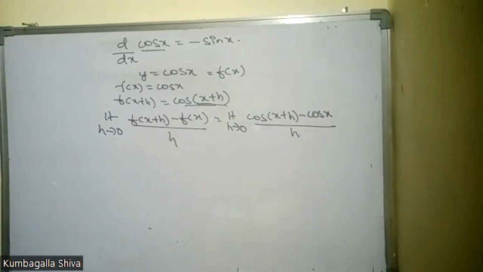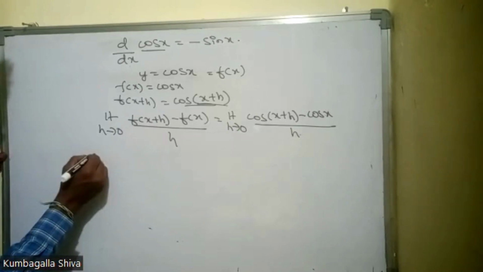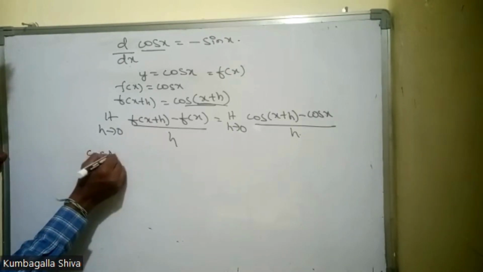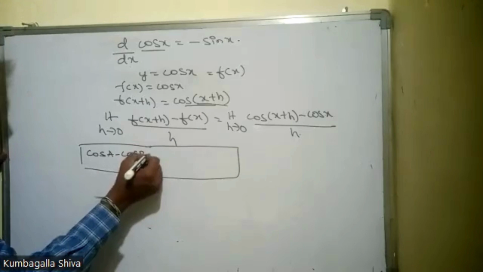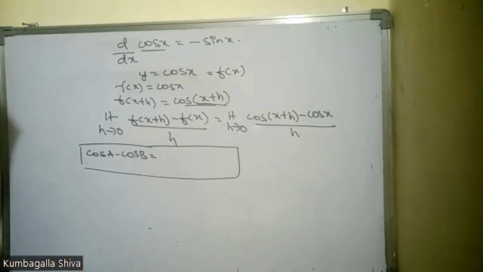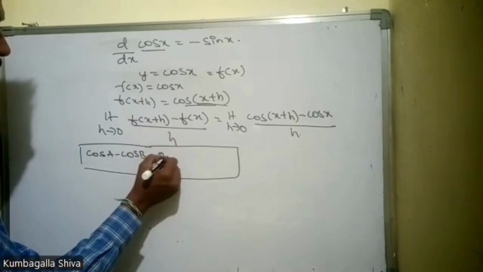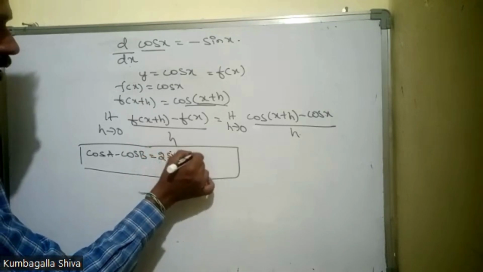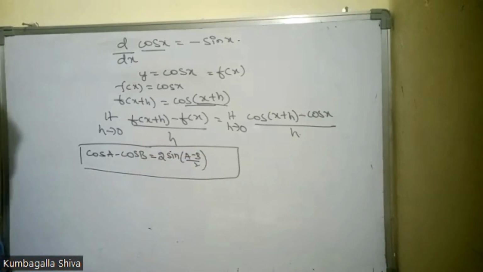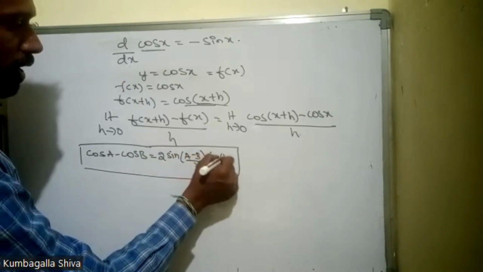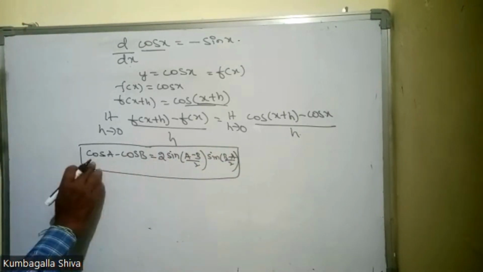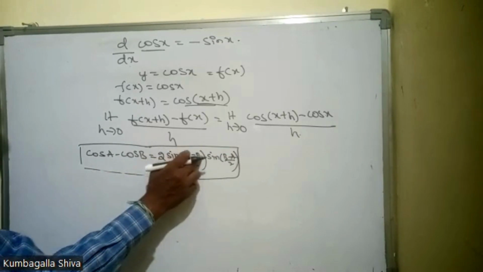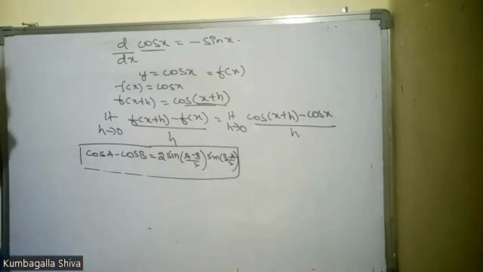We know the general formula: cos A minus cos B is 2 sin of (A plus B) by 2 into sin of (B minus A) by 2.